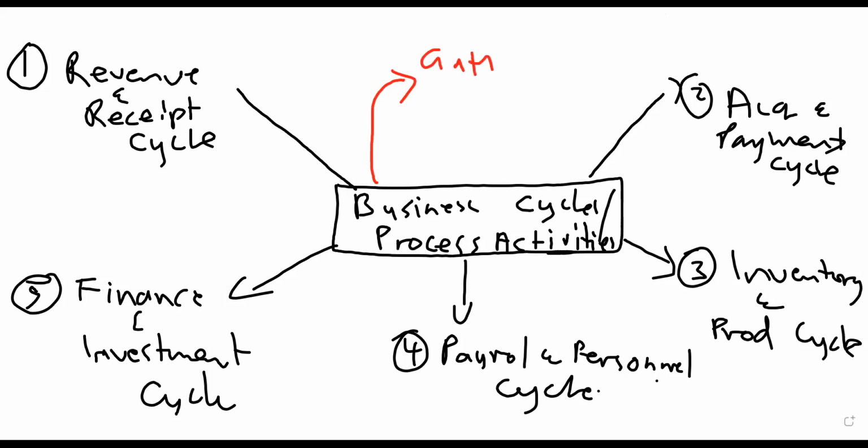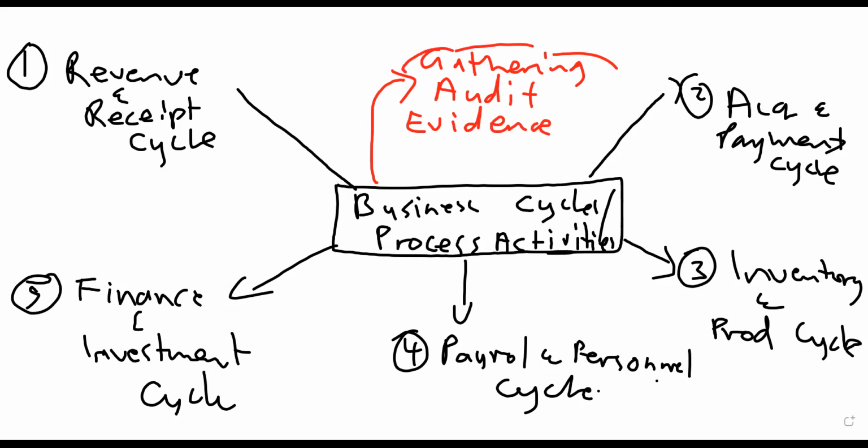Gathering audit evidence. How do we gather the audit evidence? We can only gather sufficient, appropriate audit evidence if we have a good understanding of what exactly is transpiring within the organization. What activities are they performing?